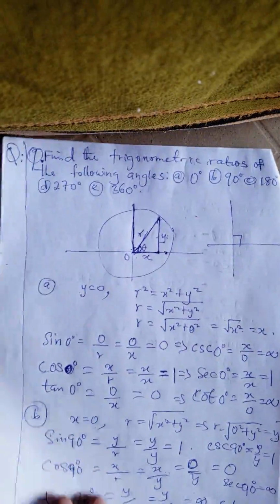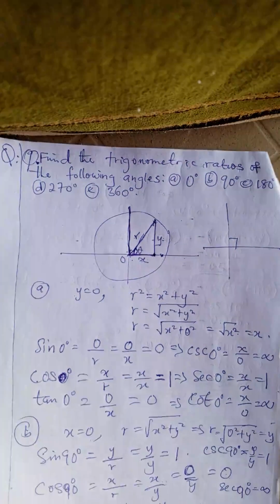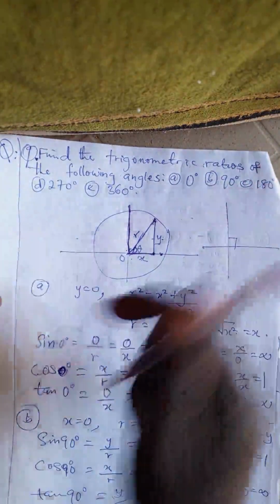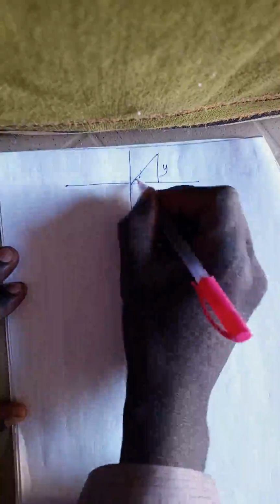And now we are done with 90, we go to 180 degrees. So in case you want to find the trigonometrical functions for 180 degrees, you still observe the diagram we had before. So this is y, theta, r.